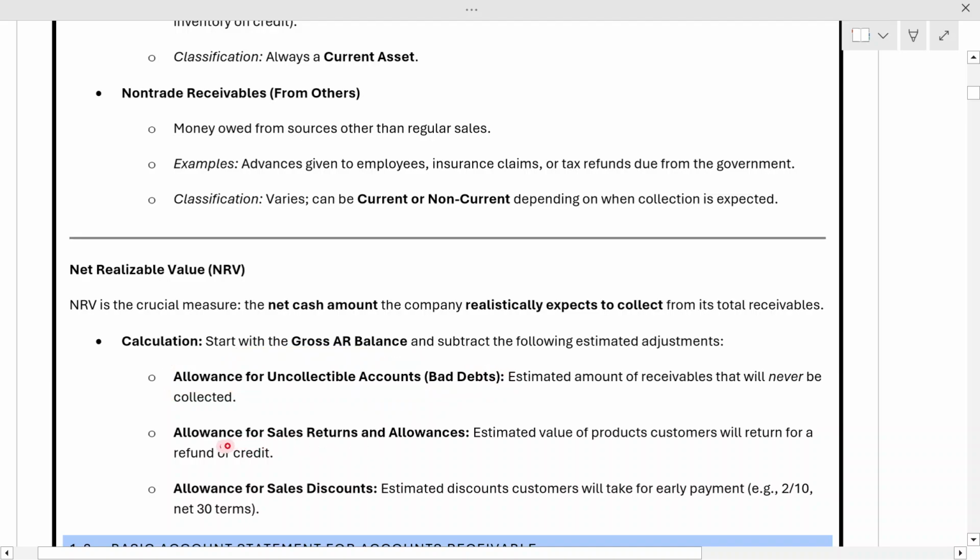Next we need to reduce the allowance for sales returns and allowances, because we know some people will be returning the goods, just like in the Starbucks case we saw. And lastly, there is an allowance for sales discounts, because we give discounts to our customers as well. So from our gross AR balance, we reduce our bad debts, we reduce our sales returns, and we reduce our sales discounts, and that gives us the net realizable value, or what we call NRV.